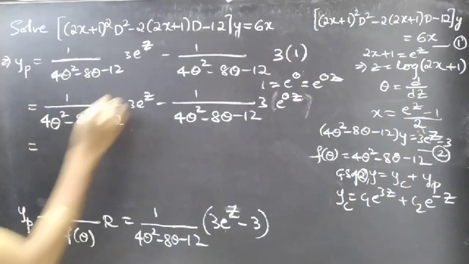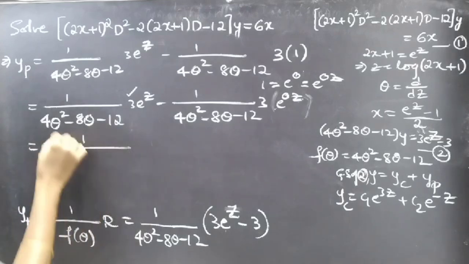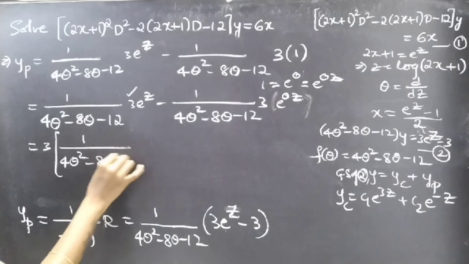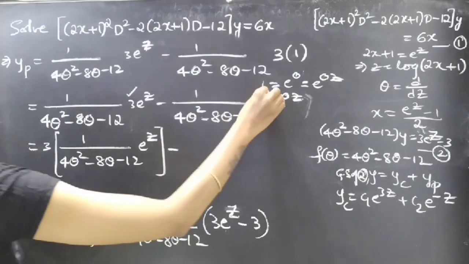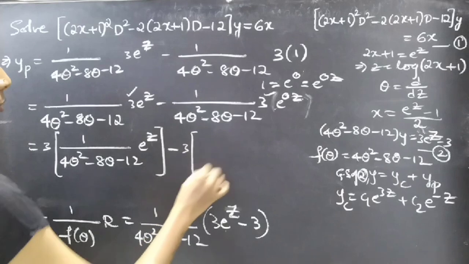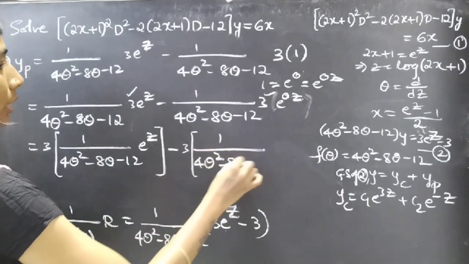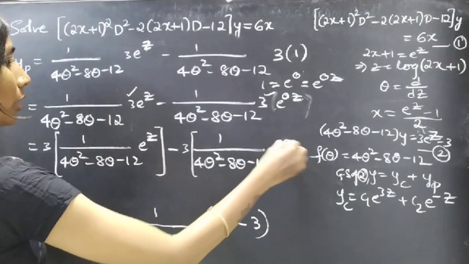Now we can write this as, just take the constant outside, you'll get 3 times 1 by (4 theta square minus 8 theta minus 12) into e power z, minus, here also we'll write this as 3 into 1 by f of theta, 4 theta square minus 8 theta minus 12, into e power 0z.